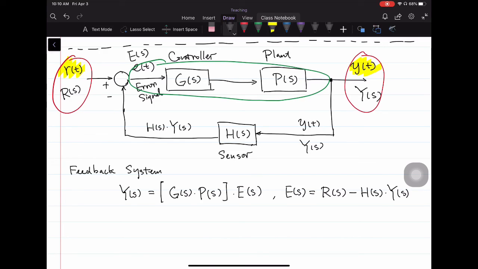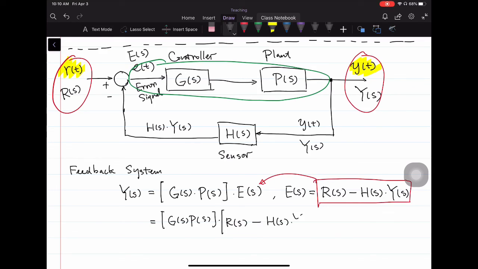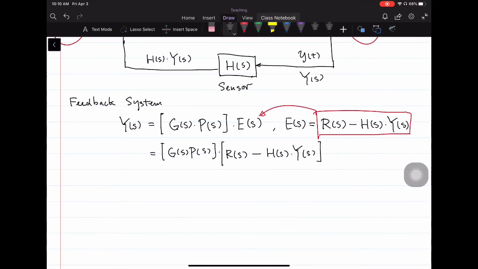And plugging E of S into the equation on the left. So we take this term and plug that into this E of S. That means Y of S will be G of S, P of S times R of S minus H times Y. Reorganizing the terms, I put everything with Y of S on the left hand side, so you have Y of S already, and you have this one with Y of S. I'm going to move that to the left hand side, but before that you have to multiply that with the G of S and P of S in front of it.